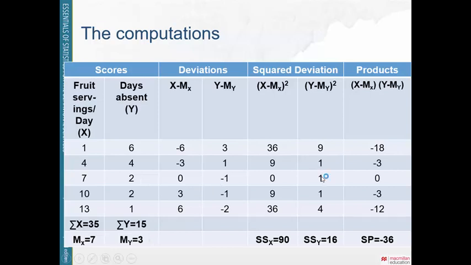Square it is 1, etc. And then you'll get your sums of squares Y. Now for your products, you're multiplying the deviations. -6 times 3 is -18, right? -3 times 1 is -3. 0 times -1 is 0. 3 times -1 is -3. 6 times -2 is -12. And when you add up the negatives, you get your sum of products of negative 36.